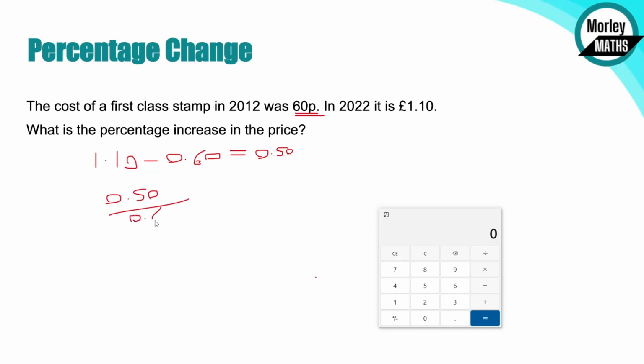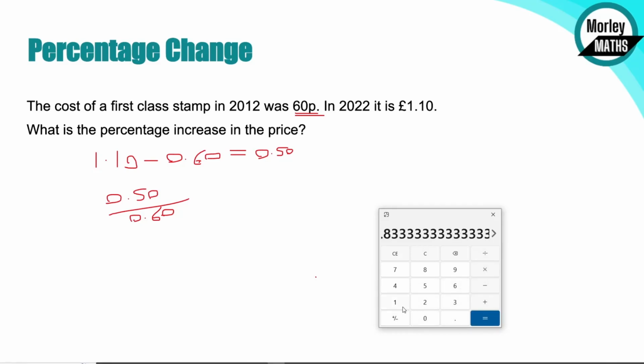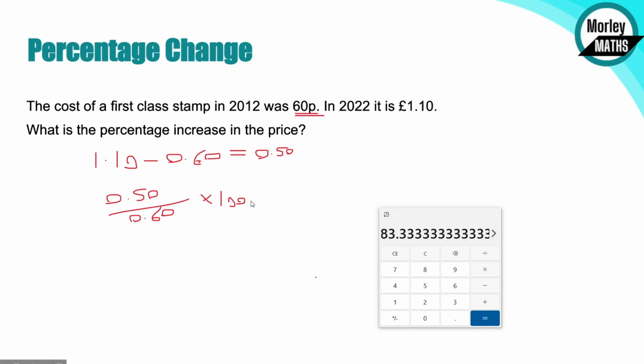So in this one, 0.6. So 0.5 divided by 0.6 times that by 100 gives us 83.3%. I'll just do it for one decimal place. 83.3% is the answer to that question.